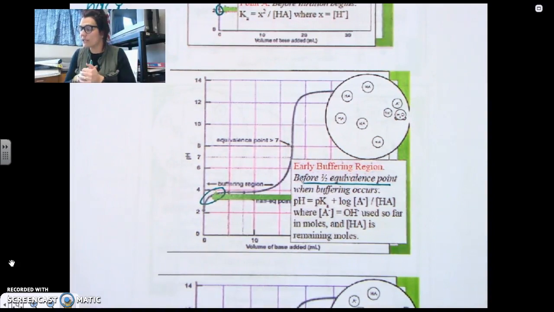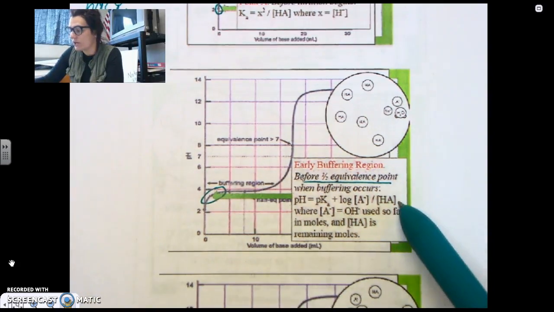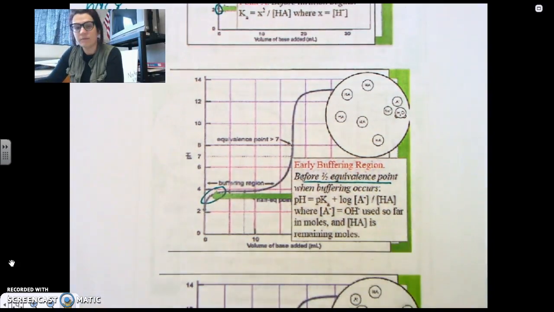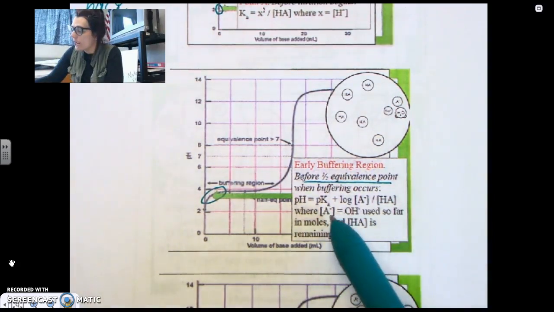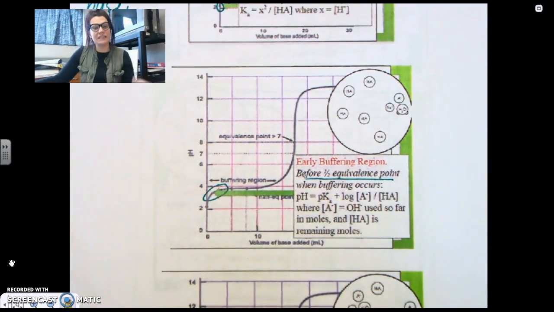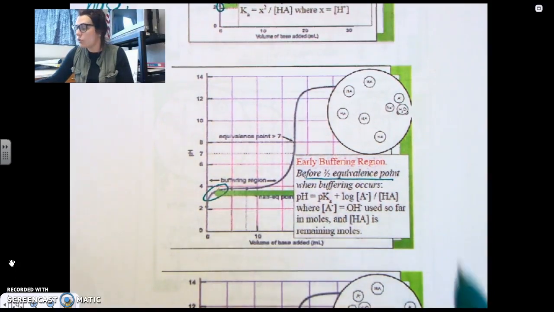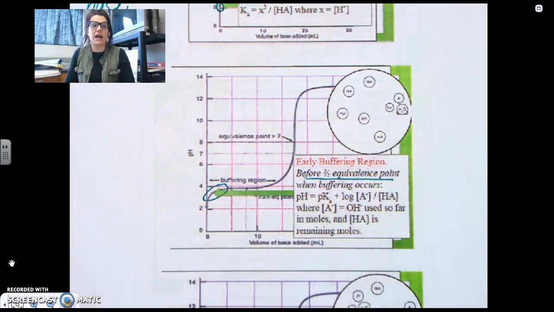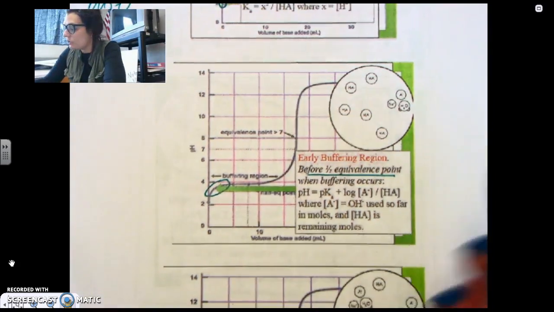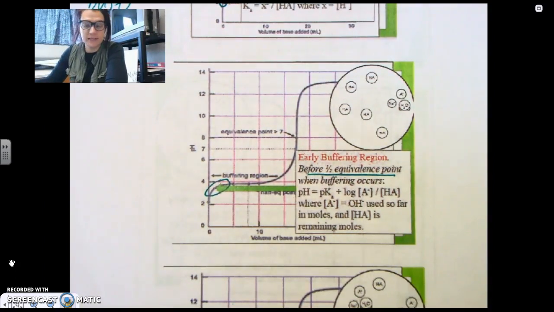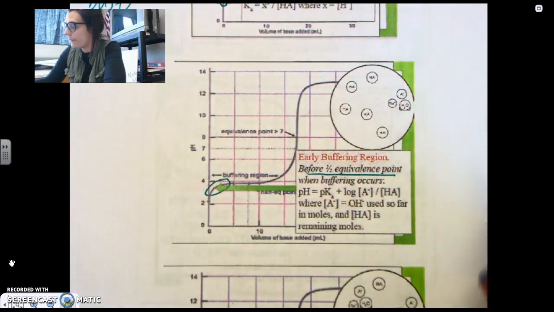At this point, to figure out the pH, you're going to be using the Henderson-Hasselbalch equation to figure out what your Ka is, okay? And at this point, our A minus, our conjugate base of our weak acid, is going to be equal to the hydroxide that we have added into the solution thus far, okay? And you have the concentration of the weak acid that you start with, okay?